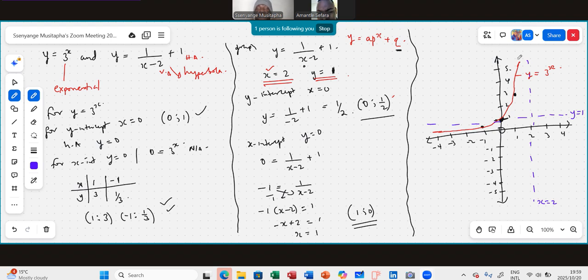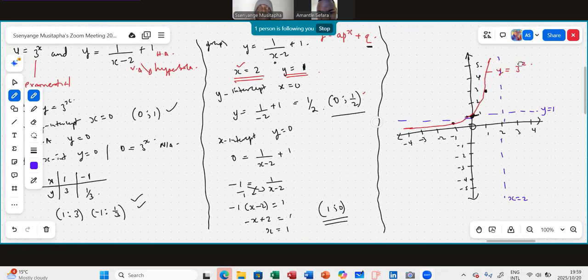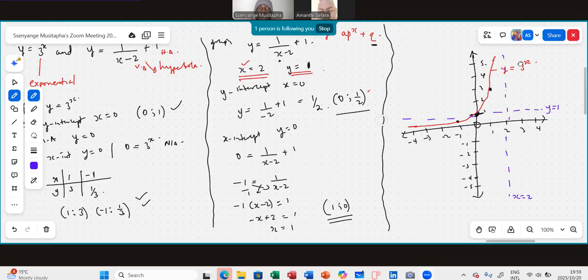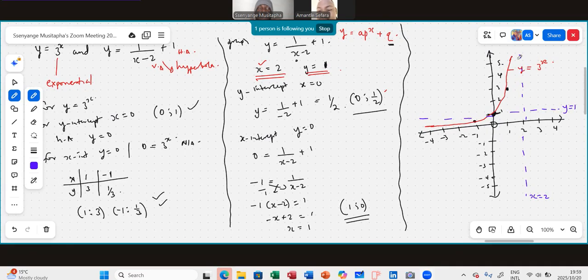Then from there, I'll simply put in the intercepts. y is equal to 1 is just here.